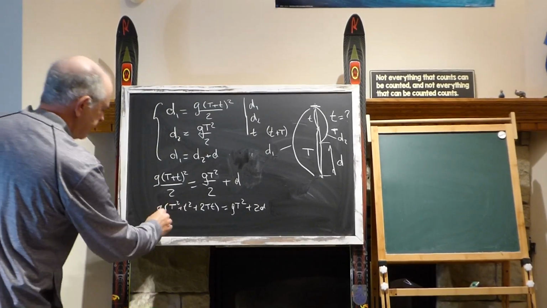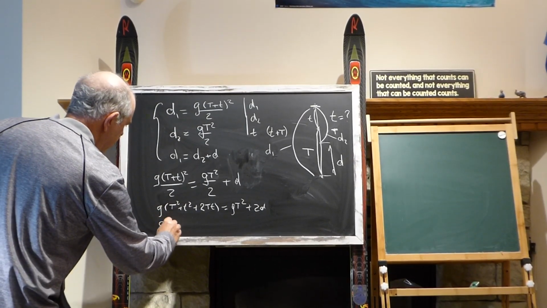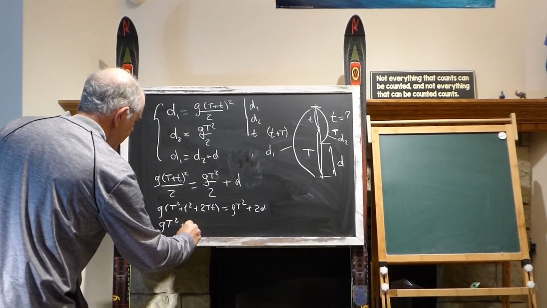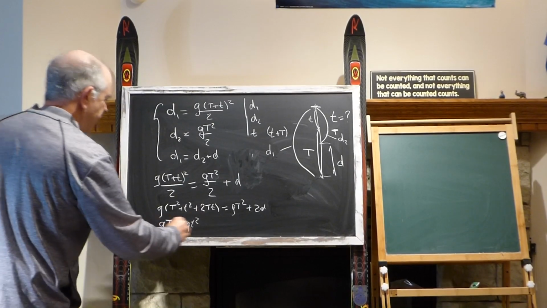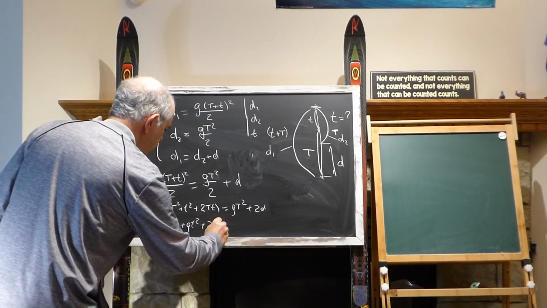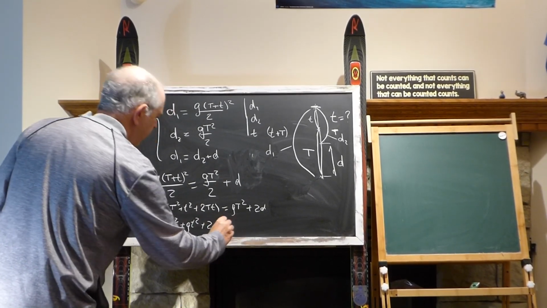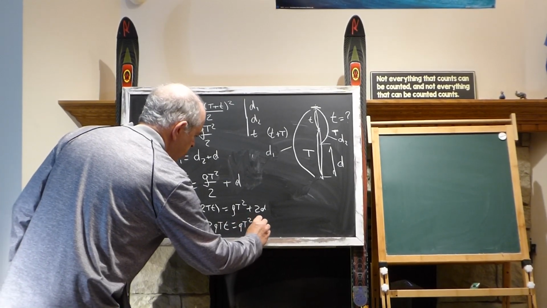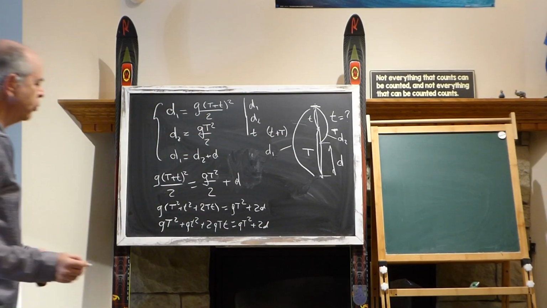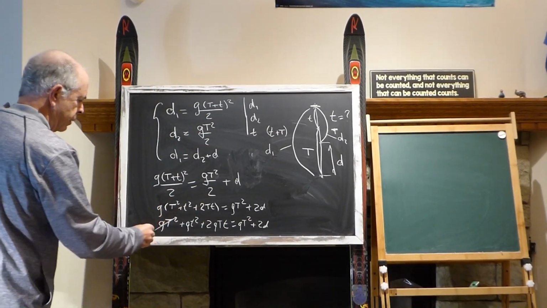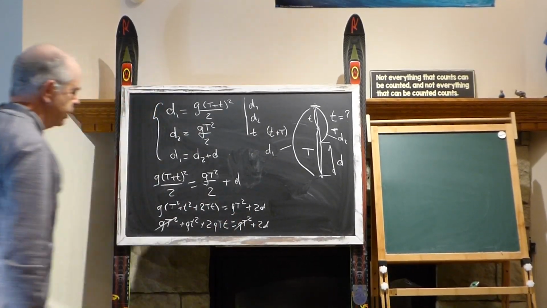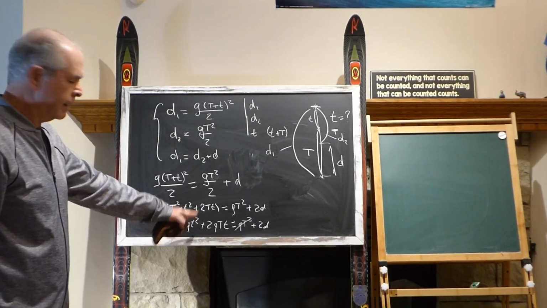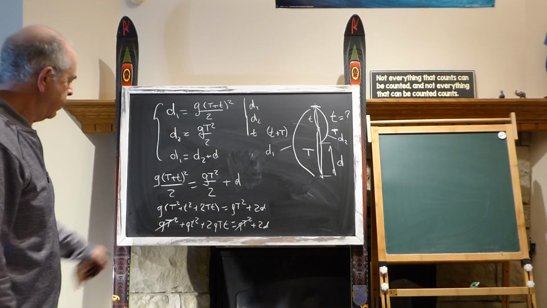So let's open brackets. We have gT squared plus g t squared plus 2gT t lowercase equals gT squared plus 2d. And of course we can get rid of gT squared. What we have is t unknown and t squared, so it's a quadratic equation.